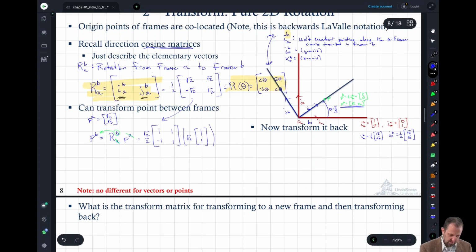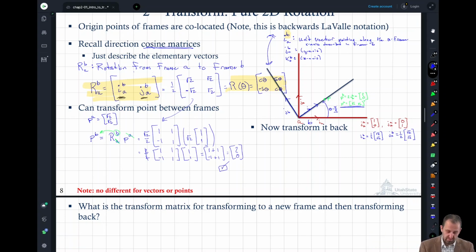Square root of 2 times square root of 2 is 2, so 2 over 2 times 1, 1, minus 1, 1, multiplied by 1, 1. So we have 1 plus 1, and then our second element is negative 1 plus 1, which is equal to 0. Okay, excellent. That was perfect.